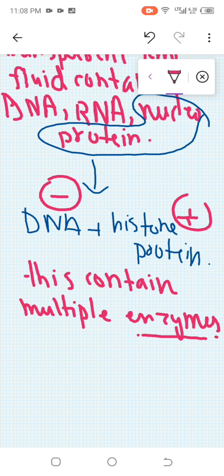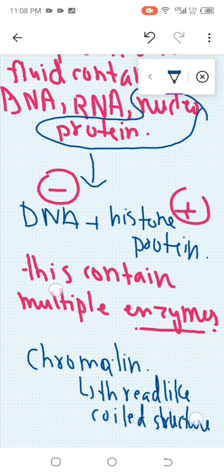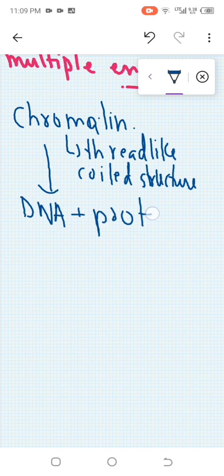Inside the nucleoplasm we have chromatin, a thread-like colloid structure, which contains DNA plus protein, that is histone protein.